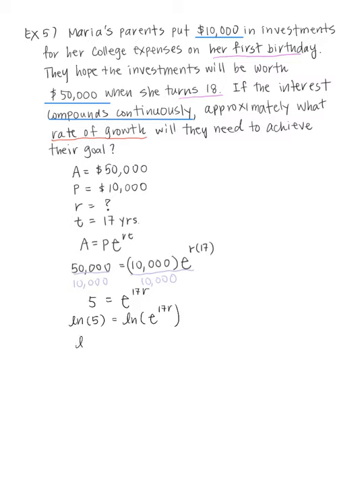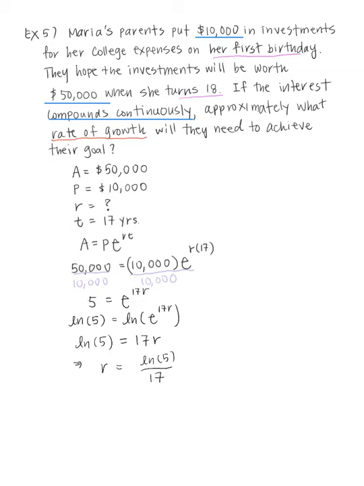Ln of 5 is some kind of decimal value that you're going to get. And on the right-hand side, applying the log property, we're just going to have 17r. Yay, so we're almost done. That implies that our r is ln of 5, the whole thing divided by 17.